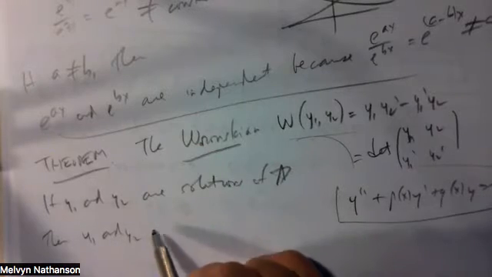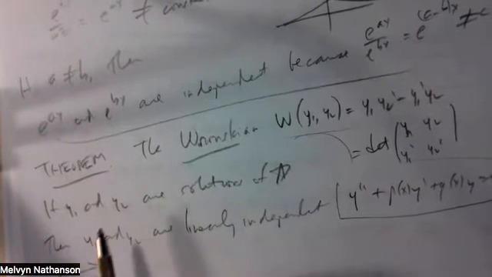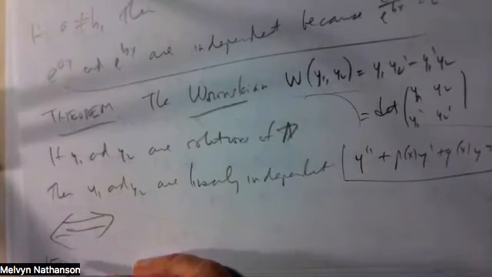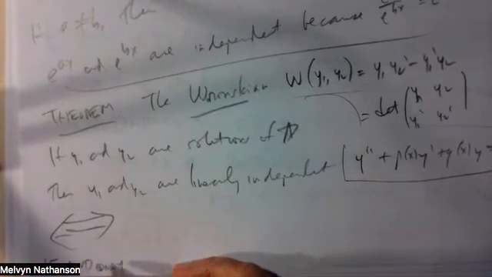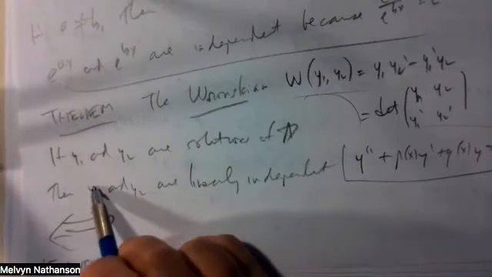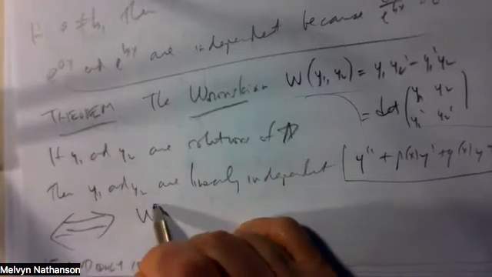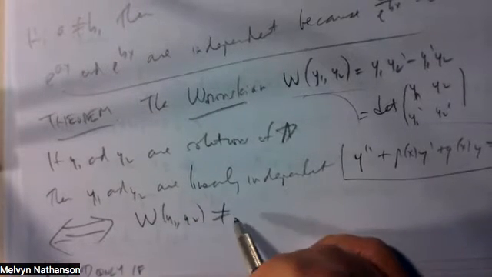If y1 and y2 are solutions of my equation, then y1 and y2 are linearly independent if and only if, that's what this double-headed arrow means, the Wronskian of y1 and y2 is not 0.